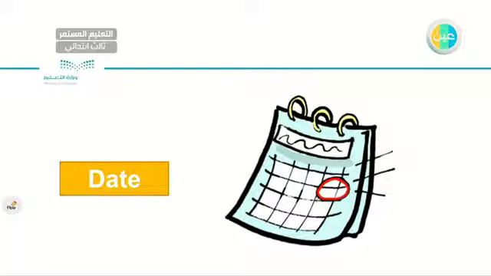Perhaps I have a flight, or my son's graduation, or a party or a wedding. So the word date is very important in our lesson, and I'll be introducing more. Date is a very important day that you have in the calendar.